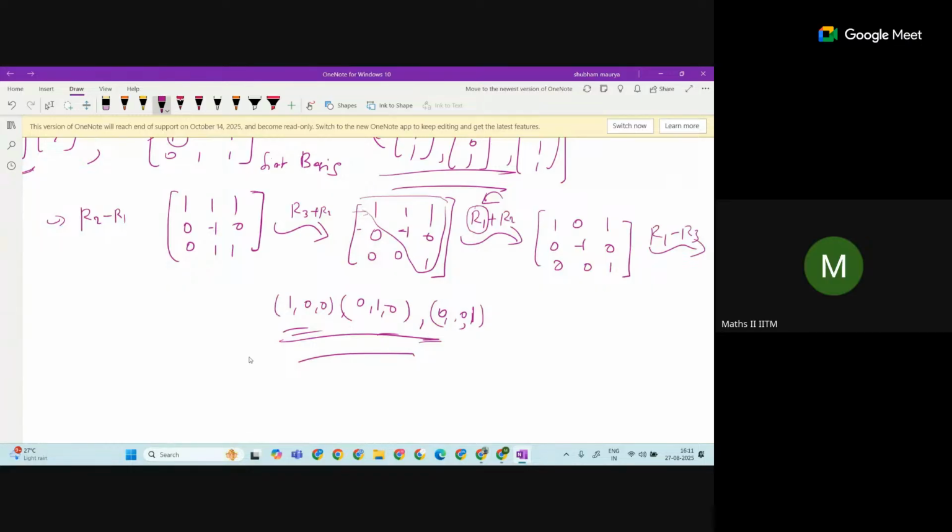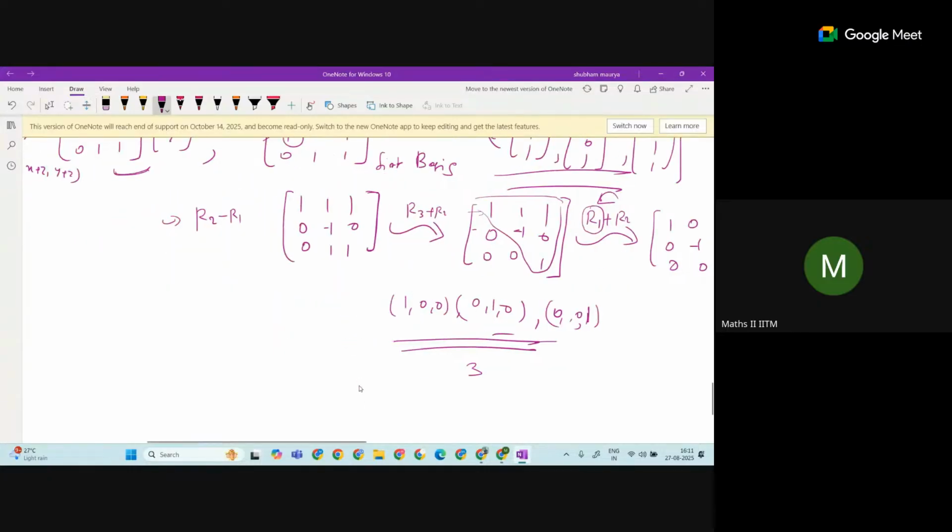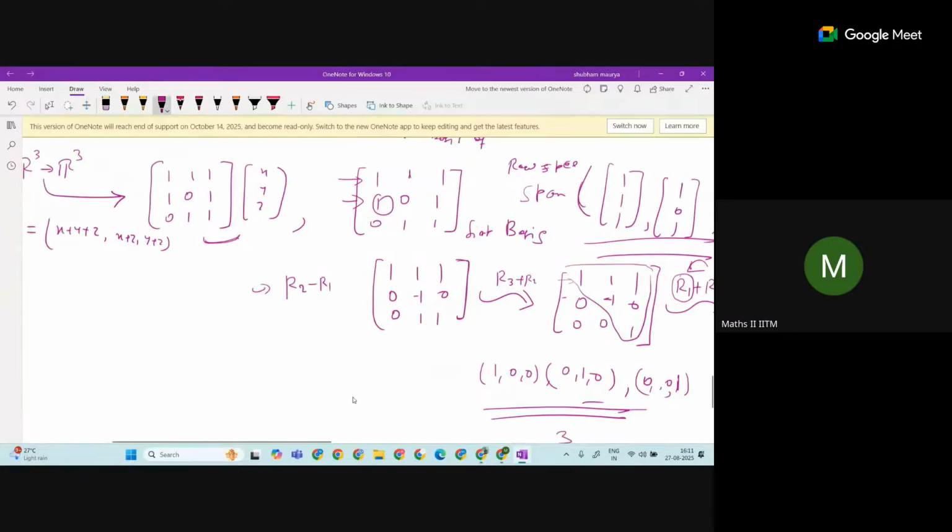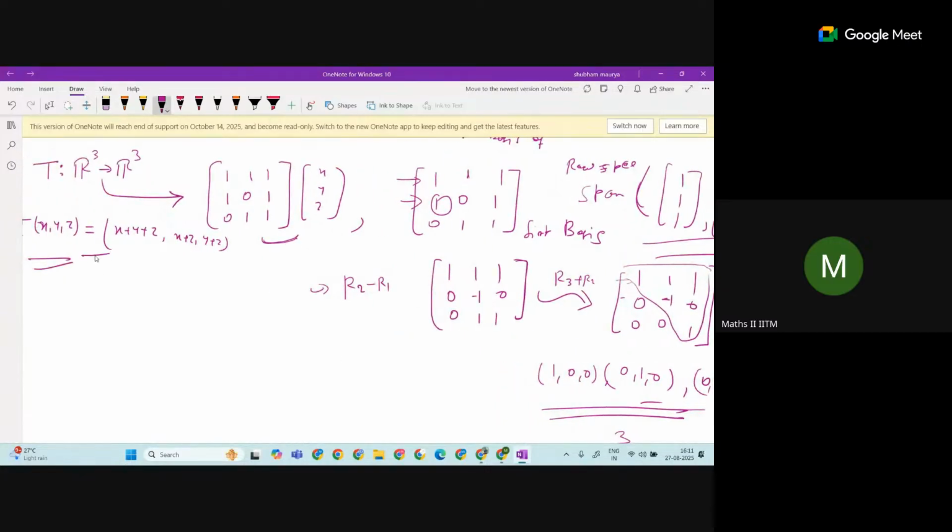Or the number of basis elements also gives the rank of the matrix. So the rank of this matrix is 3. The rank of this linear transformation is also 3, because whatever you calculated for this matrix A is going to be the same for T also.